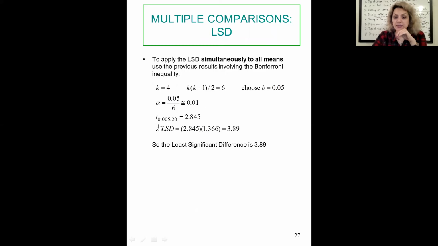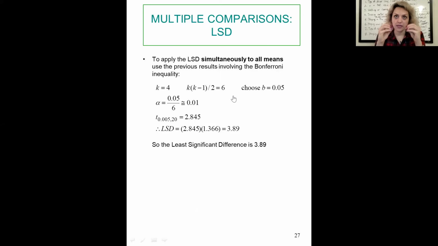Then we take t at 0.005, half of this new alpha, with 20 degrees of freedom, which is 2.845. So the LSD number is 2.845 times 1.366, which is equal to 3.89. Any difference greater than this we consider significant.